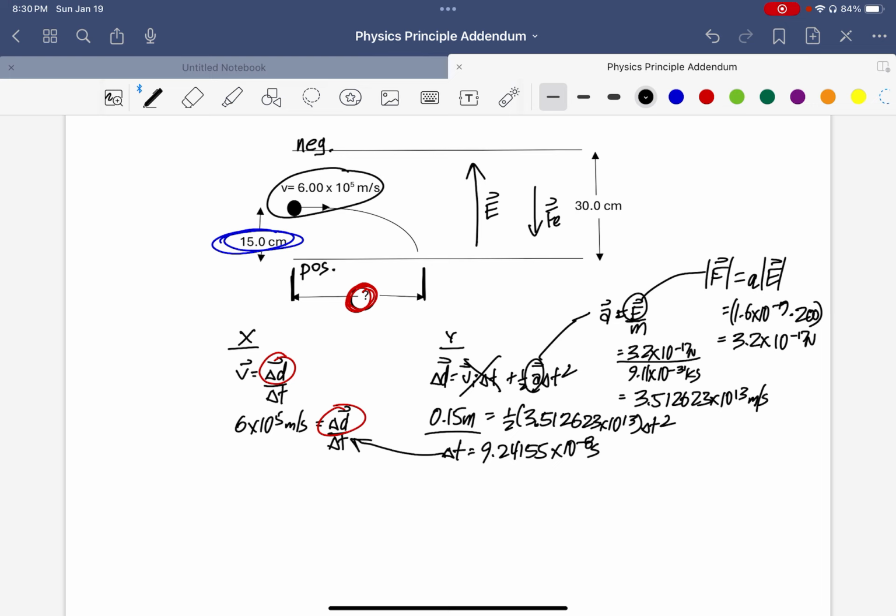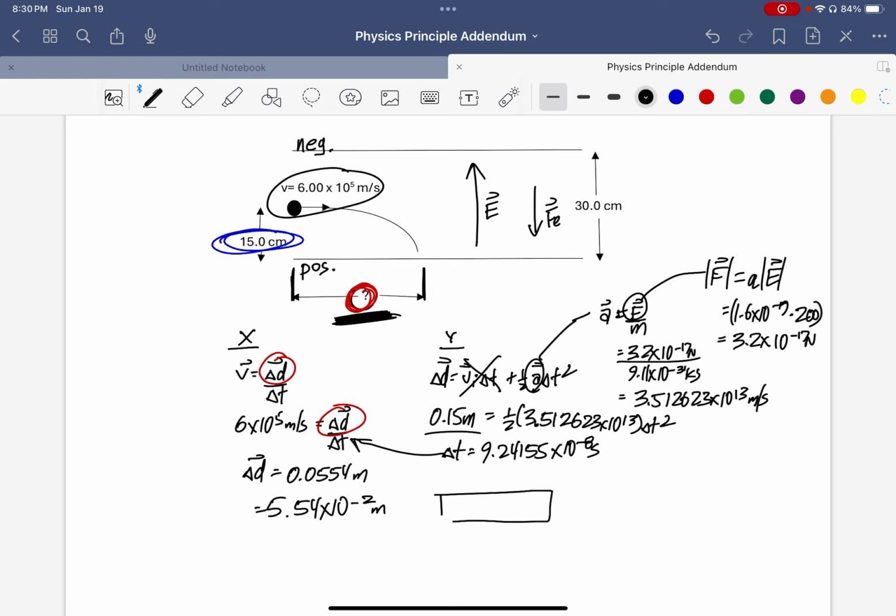It takes 9.24 times 10 to the negative 8 seconds to travel vertically 15 centimeters. So it also takes 9.24 times 10 to the negative 8 seconds to travel horizontally the distance that it takes to hit the plate. So let's sub that in. Solve for delta d for the x component, and we're going to get 0.0554 meters. So 5.54 times 10 to the negative 2 meters.